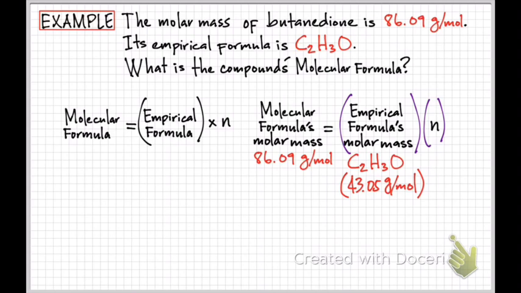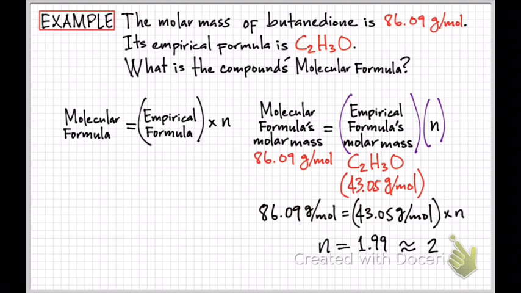So now we can use simple algebra to isolate n. So we can solve for n by dividing 86.09 by 43.05. And this gives us 2. All right, so now that we know the value of n, we can plug this number into this equation.